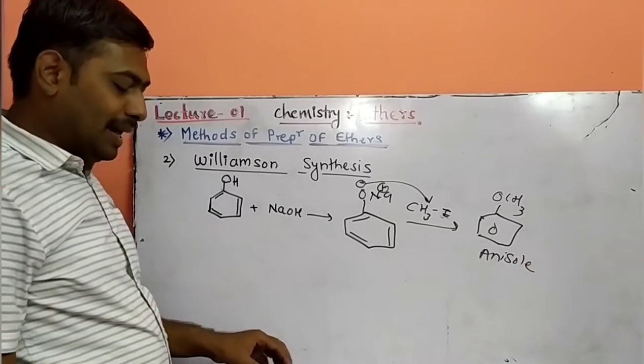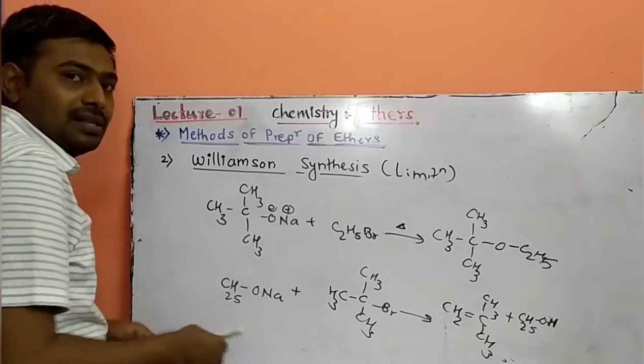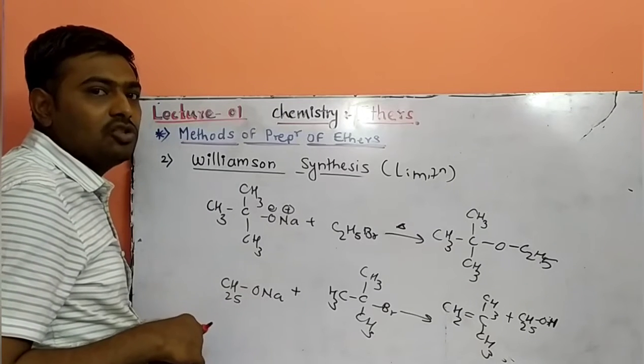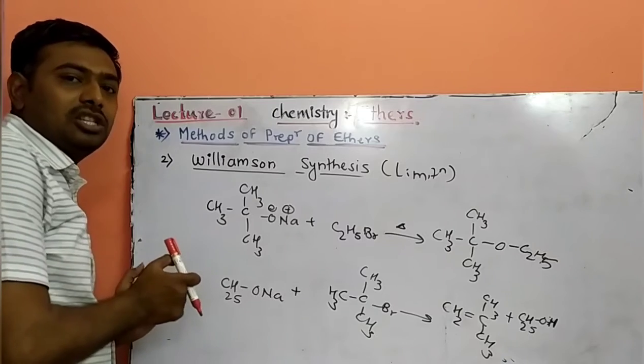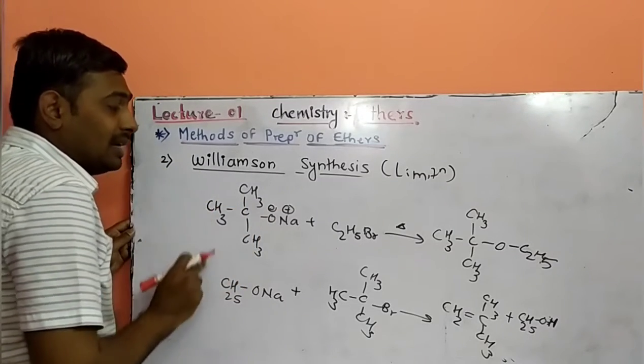A question may be asked: what are the limitations of Williamson synthesis? See, the size of the base and the size of the substrate matter in the Williamson synthesis reaction. These are the two reactions, reaction number 1 and reaction number 2.